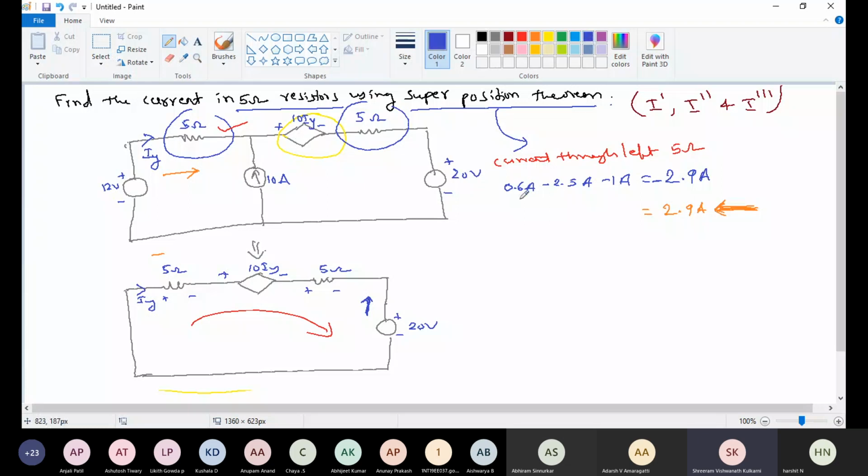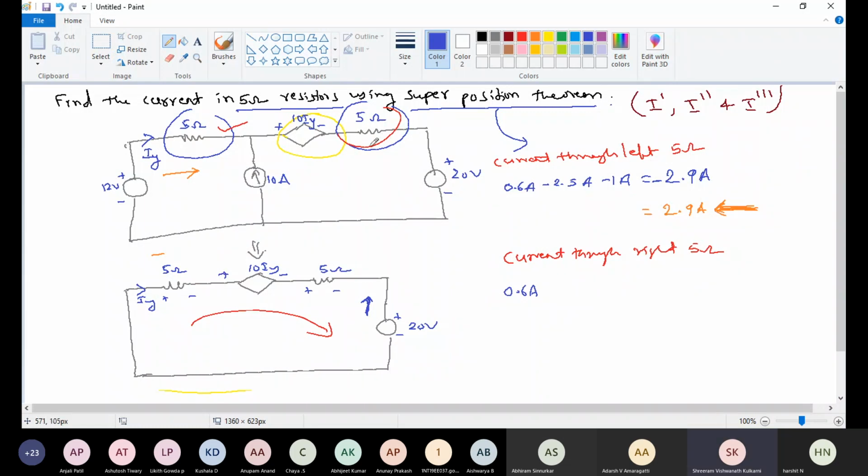Now, the current through right side of 5 ohm. Current through right 5 ohm. That is 0.6. You can observe whenever I am going to consider the voltage source only, the current through both the 5 ohm resistor is same.